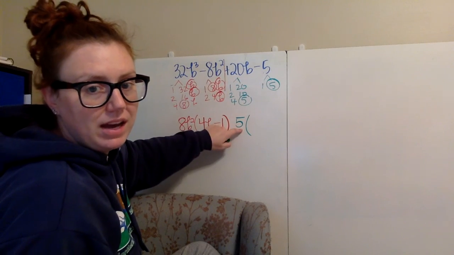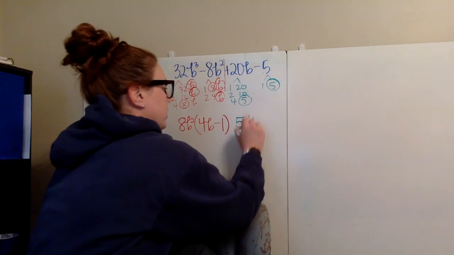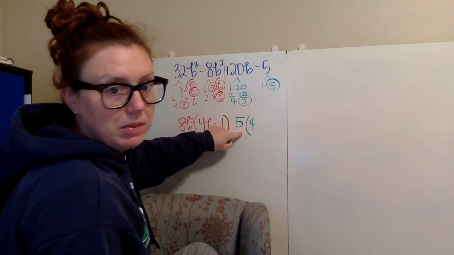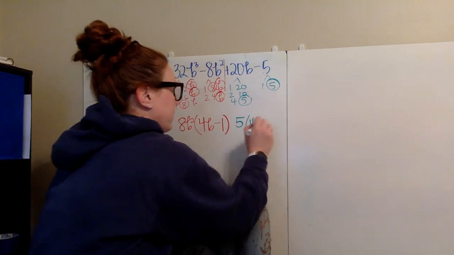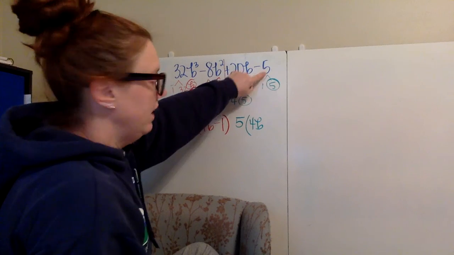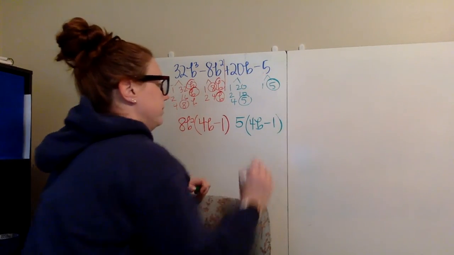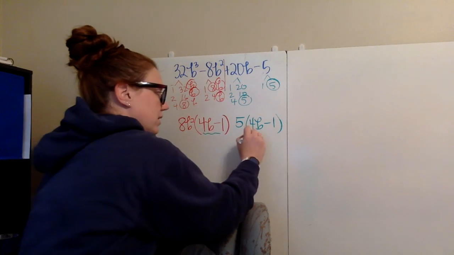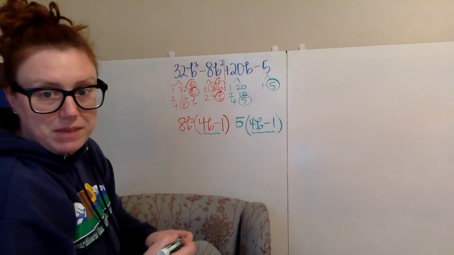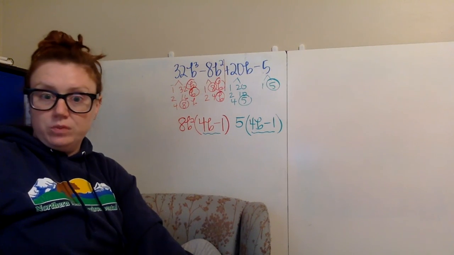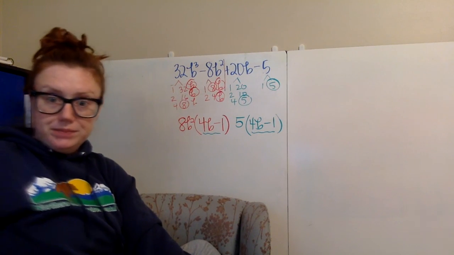20 divided by 5 is 4. There's a b with it, not a b here, so the b comes along. And negative 5 divided by 5 is negative 1. And you notice the leftovers match. If the leftovers match, we're there. We're able to write our answer, our solution.